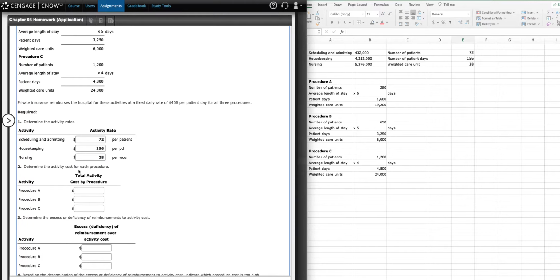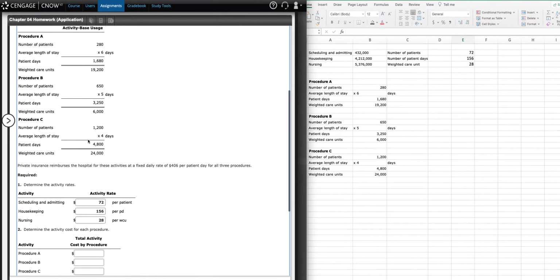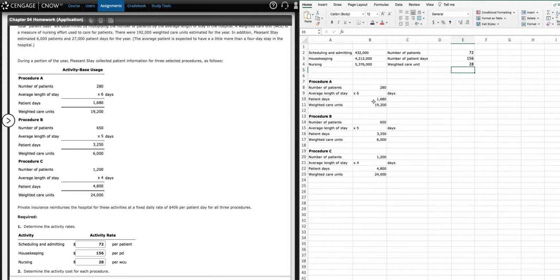Determine the activity cost for each procedure, my procedure A, B, and C. And so, I'm not sure if any of these formulas are going to work for me, but we'll see. So, the scheduling and admitting is based off of number of patients.